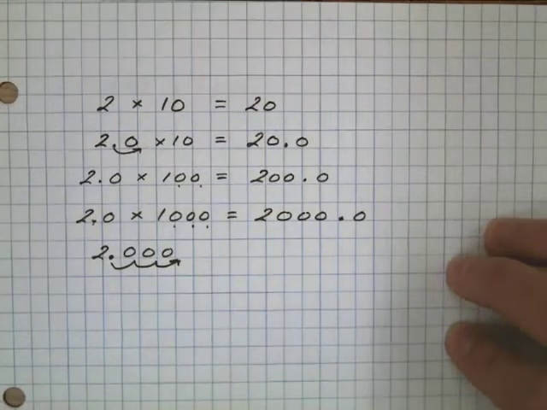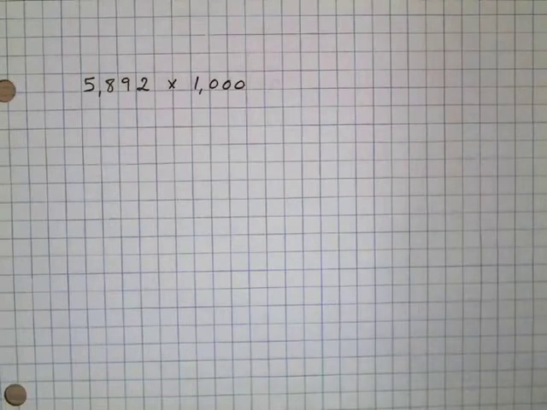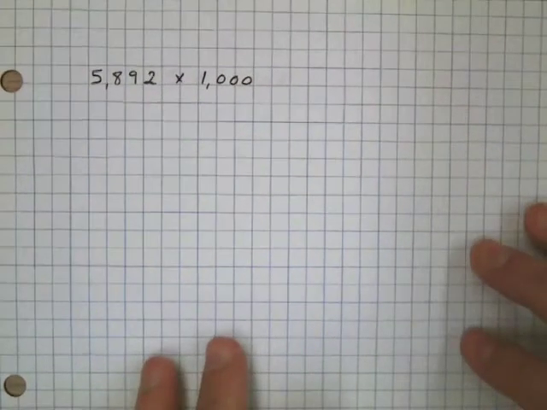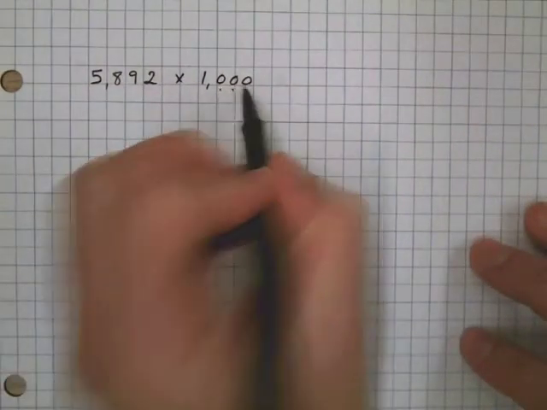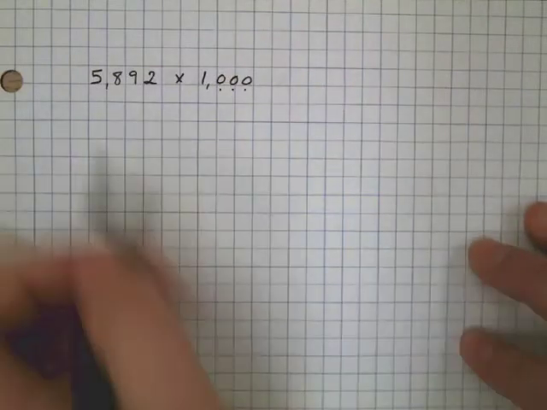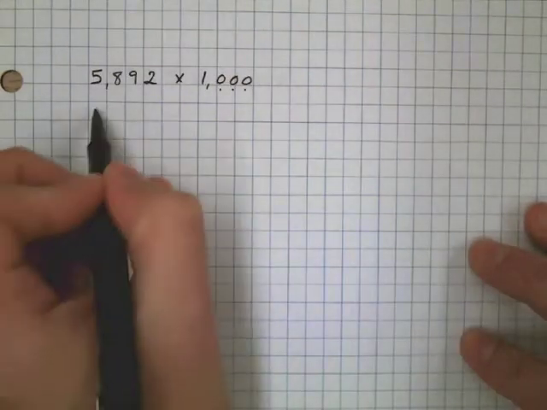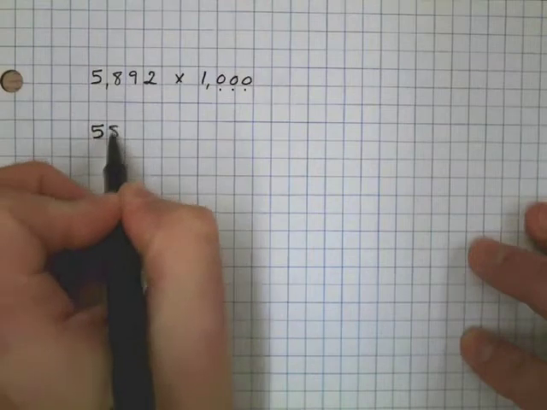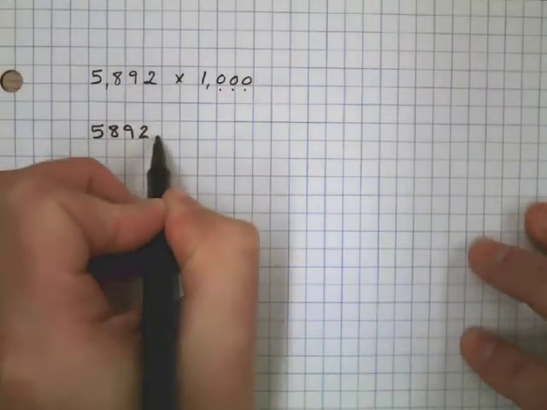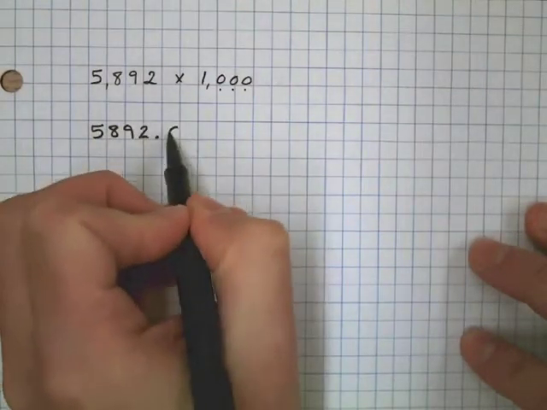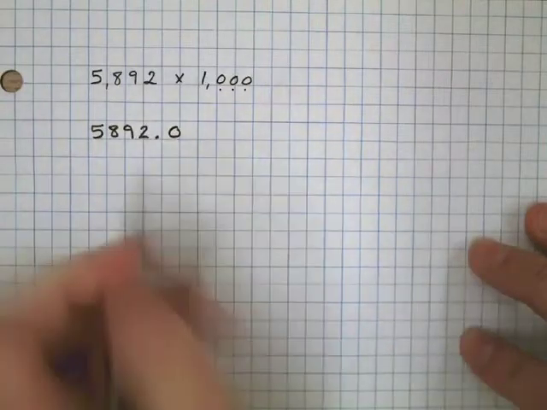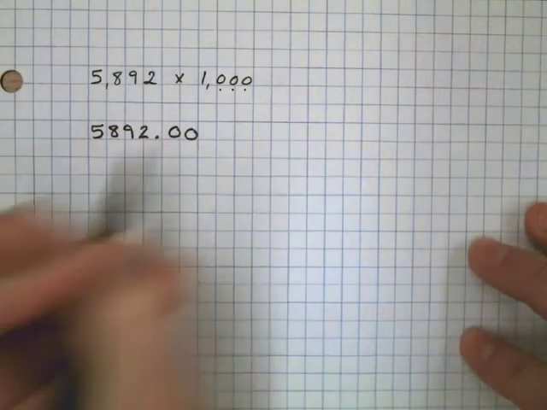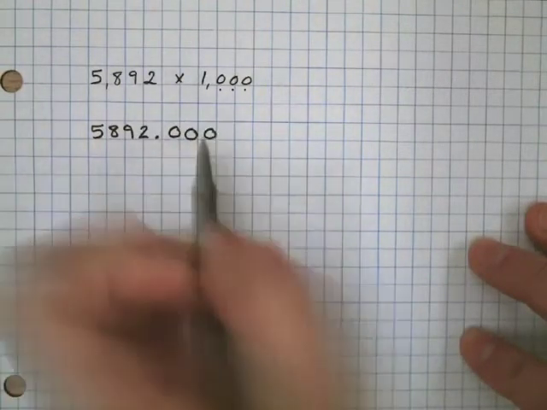Let's take a look at this with a different number. Here we have 5,892 times 1,000. Well, I have 3 zeros here. And I could think of this 5,892 as 5,892 and 0 tenths, or even 0 hundredths, or even 0 thousandths.